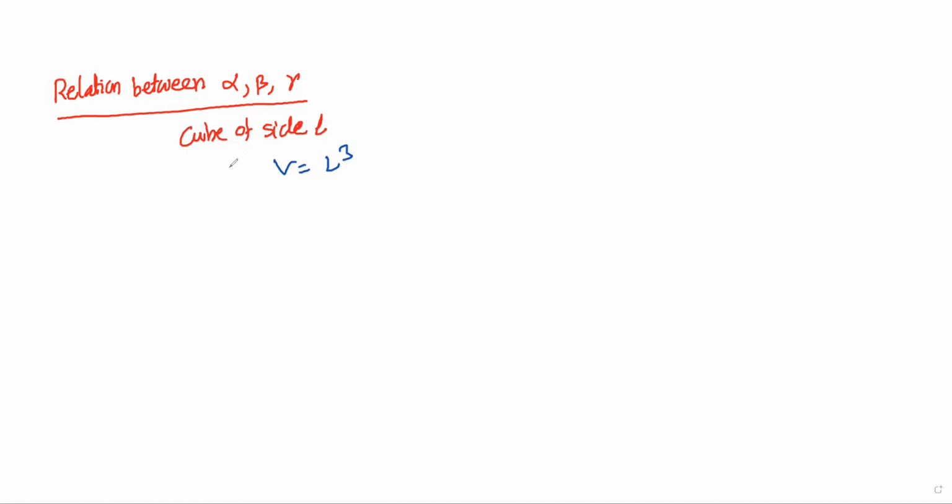Suppose the cube is heated, with a temperature increase delta T. Now the length becomes L dash, where L dash is equal to L plus delta L. What is delta L? From the linear coefficient, alpha is equal to delta L by L into delta T, so delta L is equal to alpha into L into delta T. Taking L common, L dash is L into (1 plus alpha delta T).